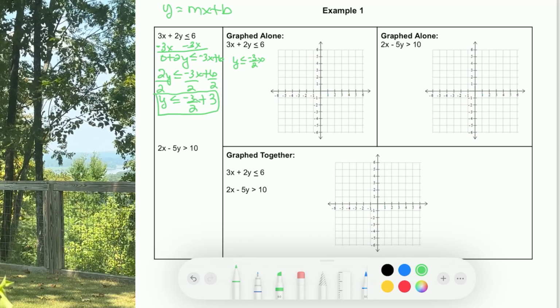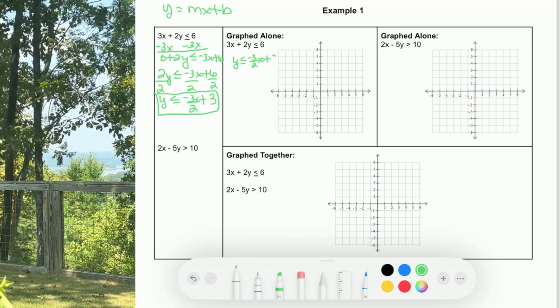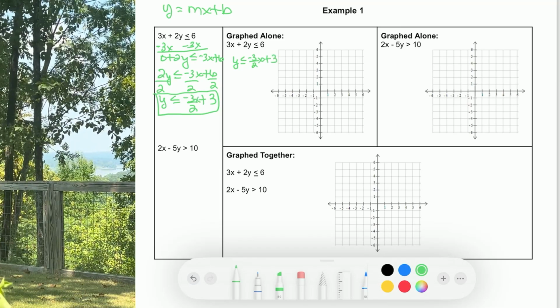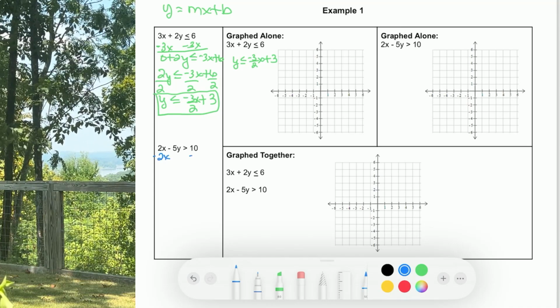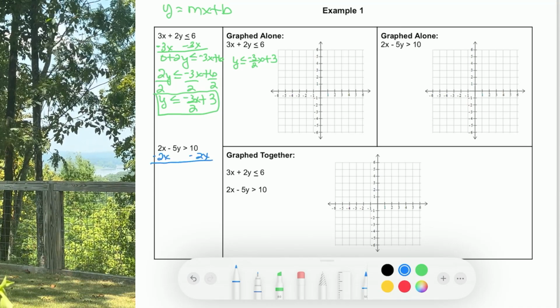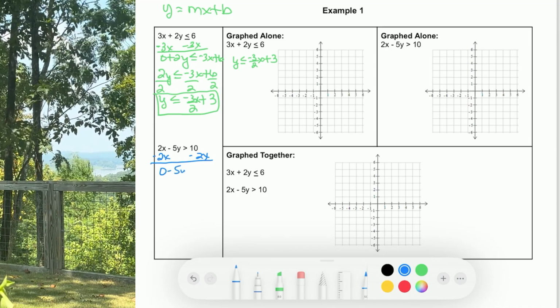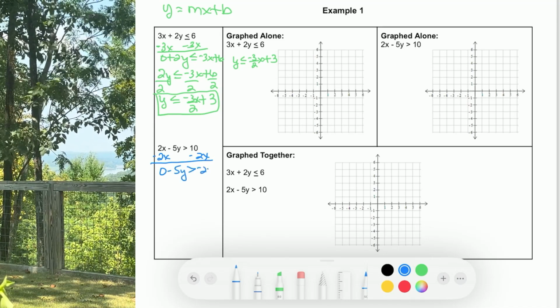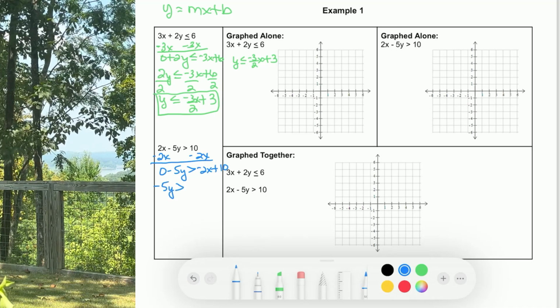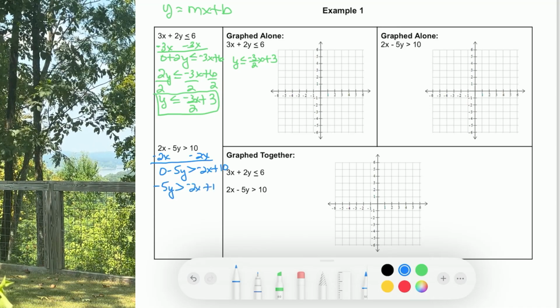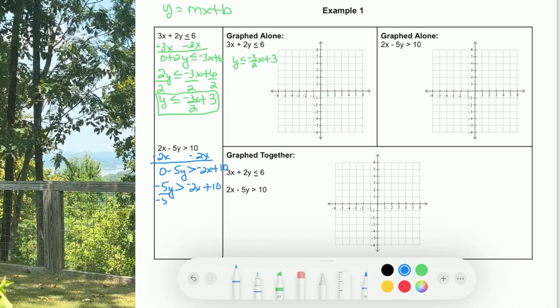Oops, I forgot my x plus 3. Let's go ahead and change our other one while we're doing this part. So minus 2x, minus 2x. I get 0 minus 5y is greater than negative 2x plus 10. Rewrite that. Divide by a negative 5.